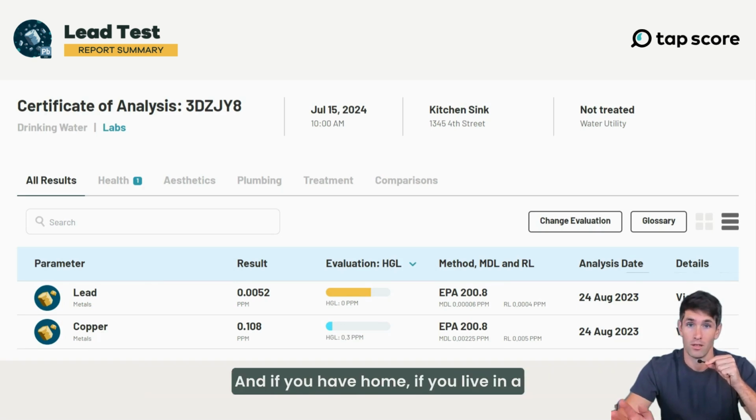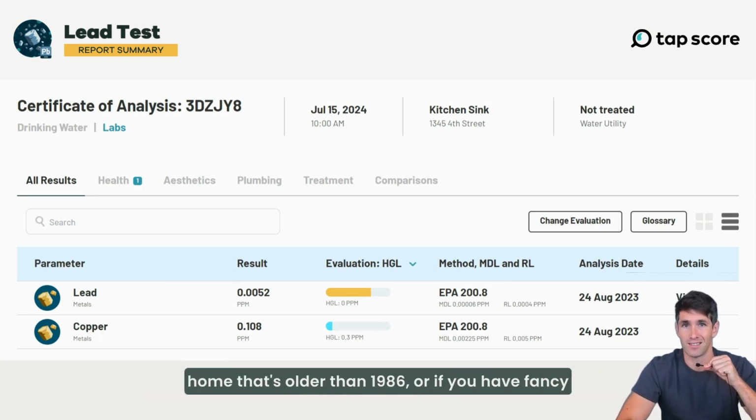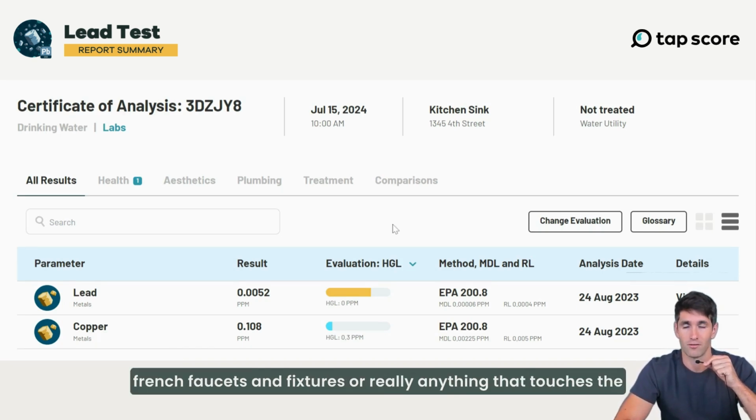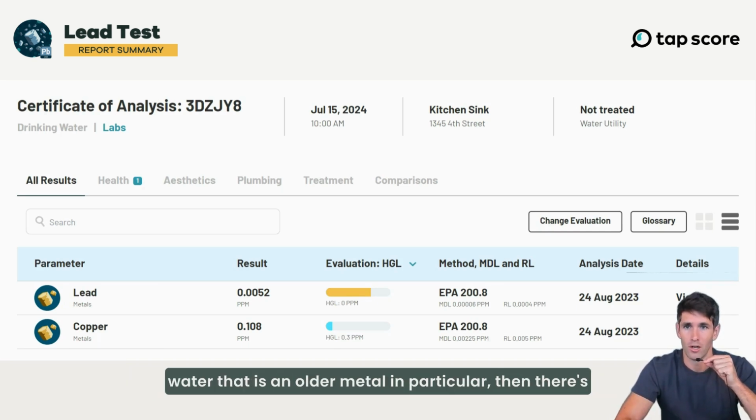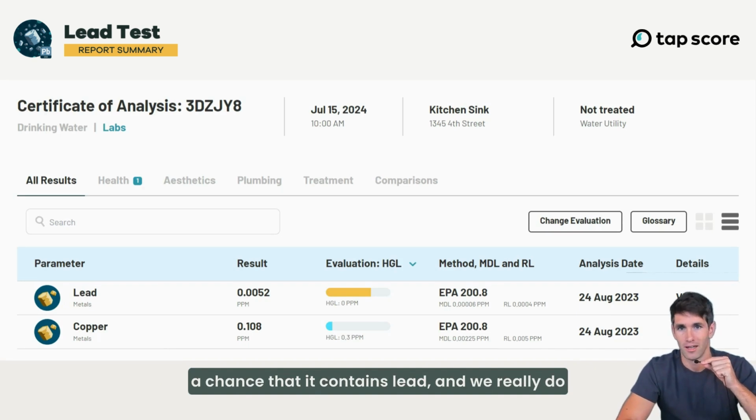And if you live in a home that's older than 1986, or if you have fancy French faucets and fixtures, or really anything that touches the water that is an older metal in particular, then there's a chance that it contains lead, and we really do not want to have any lead in our drinking water.